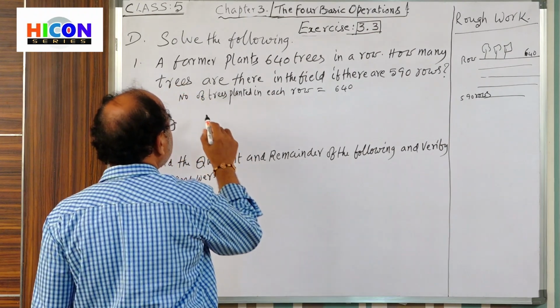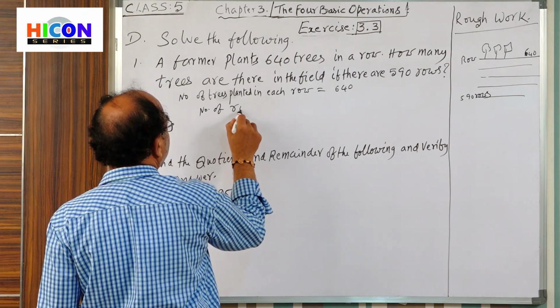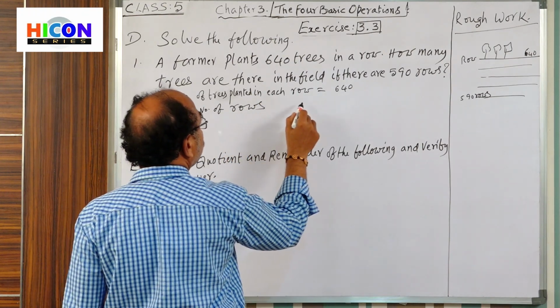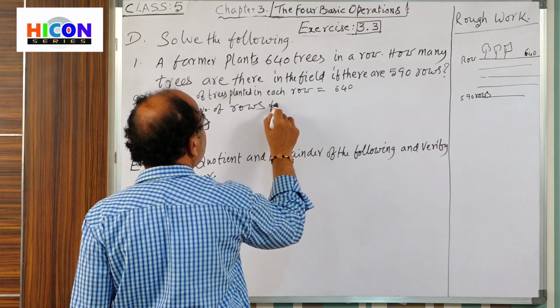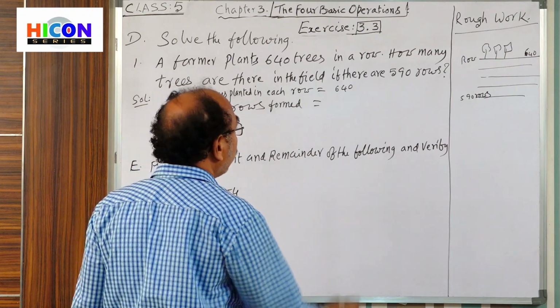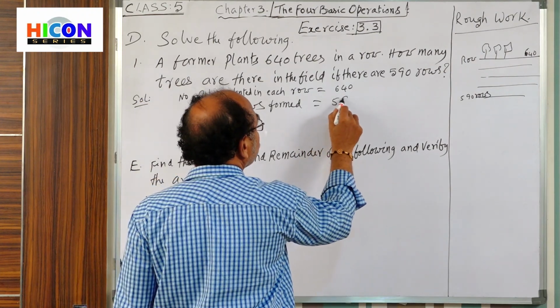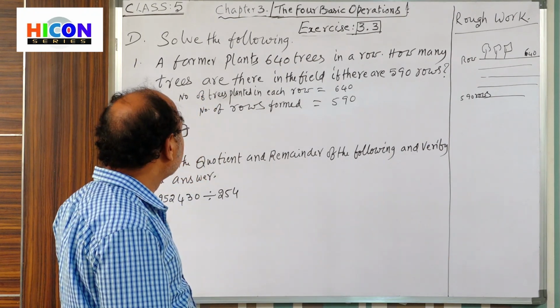So, number of rows formed. How many rows formed? 590 rows.